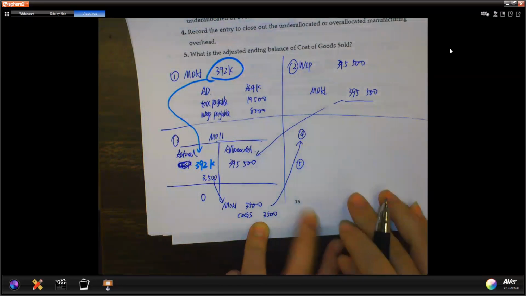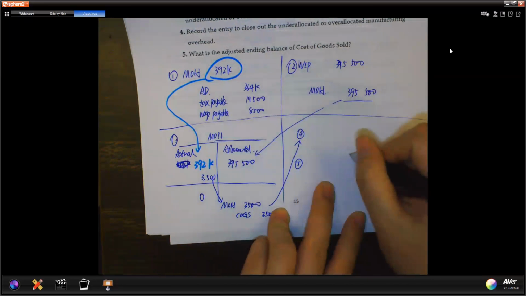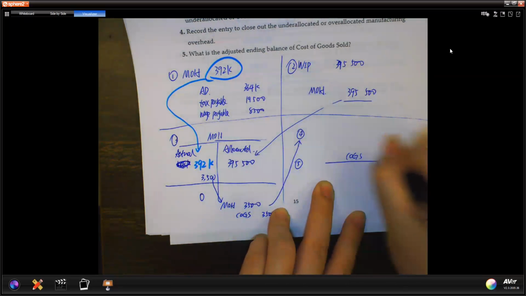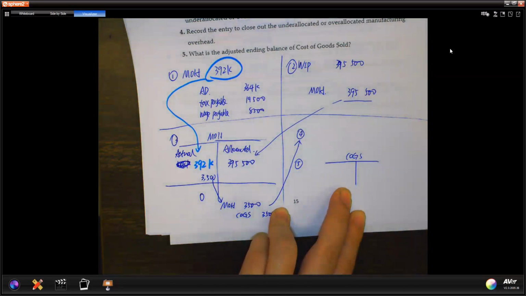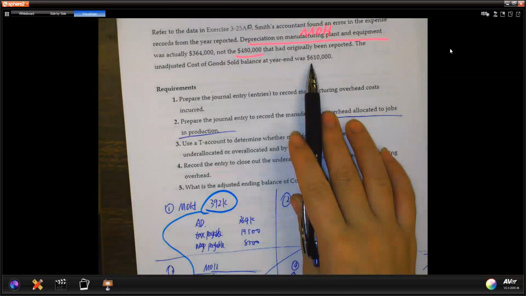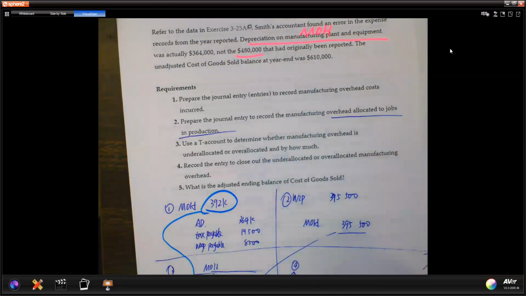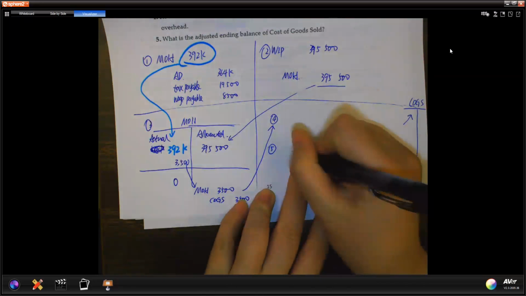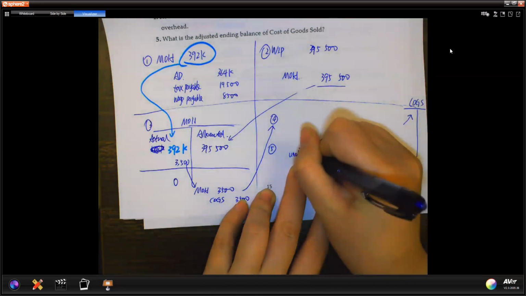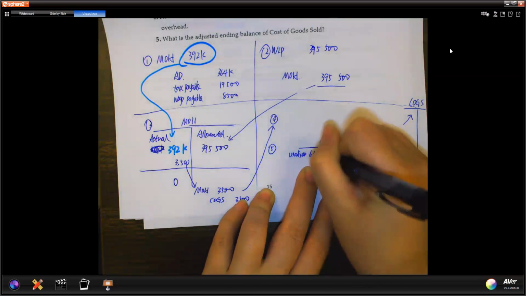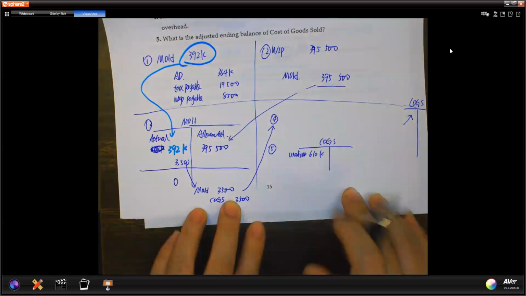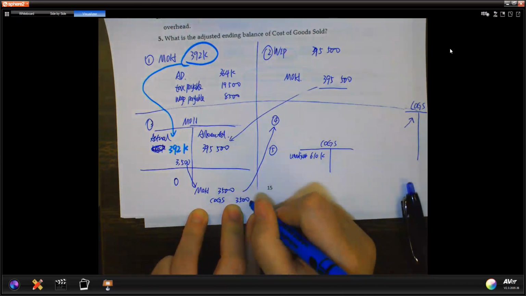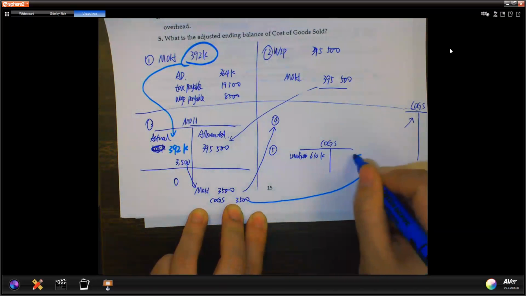Question 5, what's adjusted ending balance? So you have cost of goods sold before you adjusted it. It has the debit balance of 610,000. So before the adjustment, unadjusted is 610,000. Our adjustment is we credit cost of goods sold.